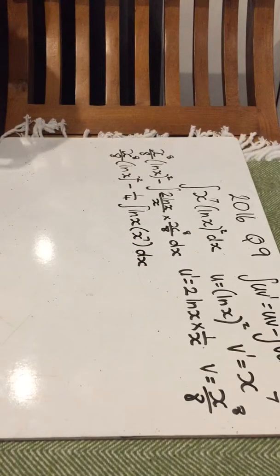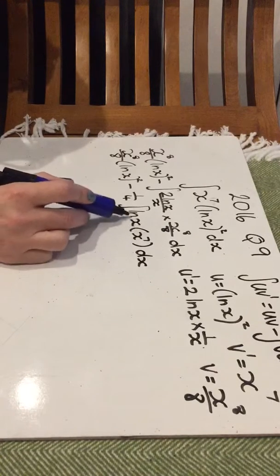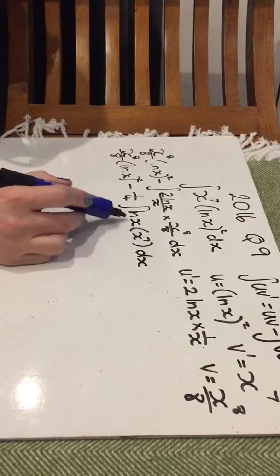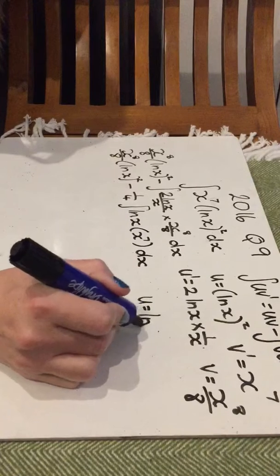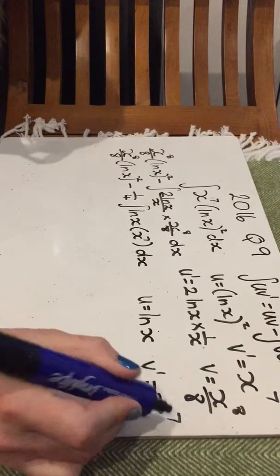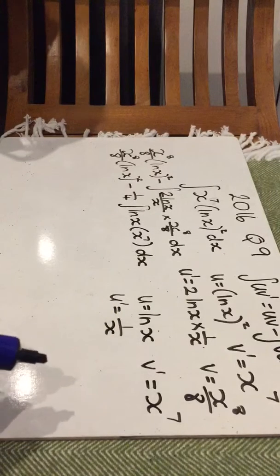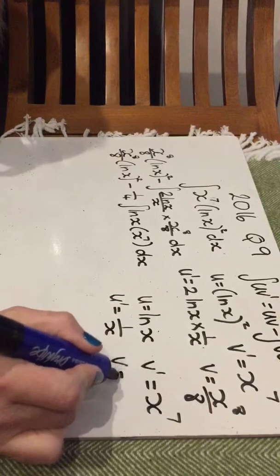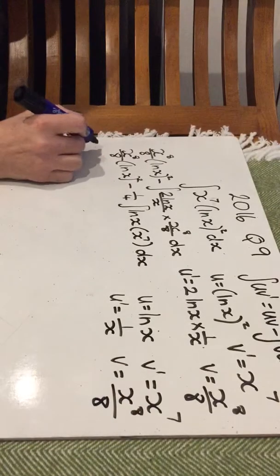dx. So as we can see, we've got integration by parts to do again. So it's going to be similar. We need to have u as log x and we need to have v dash as x to the 7. So u dash is going to be simpler this time, just 1 over x, and v is going to be x to the 8 over 8 again.